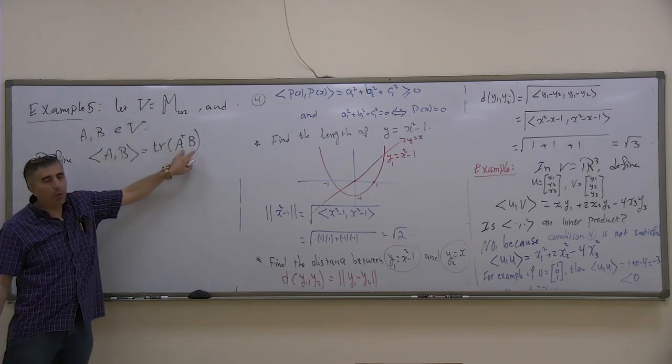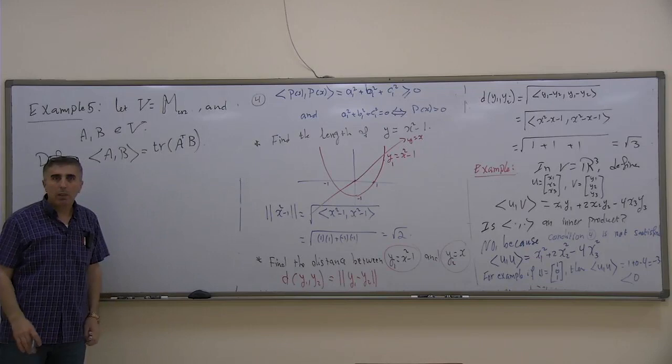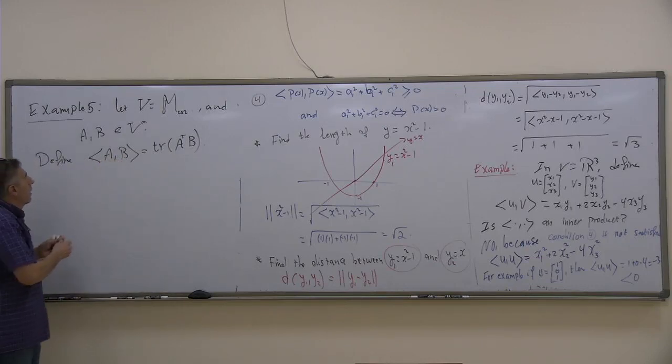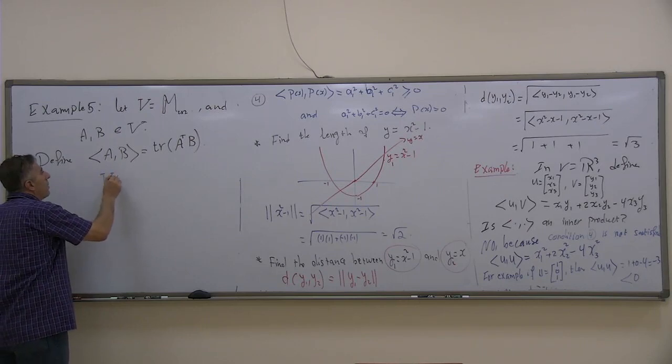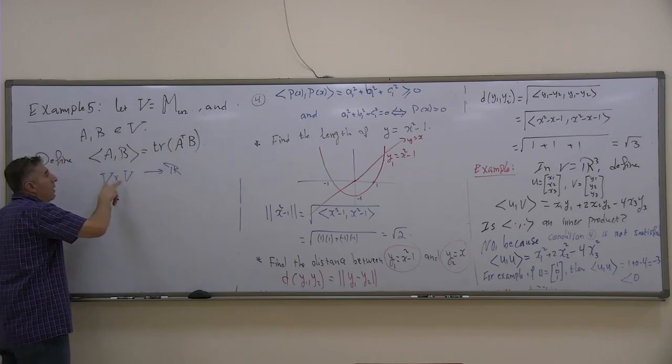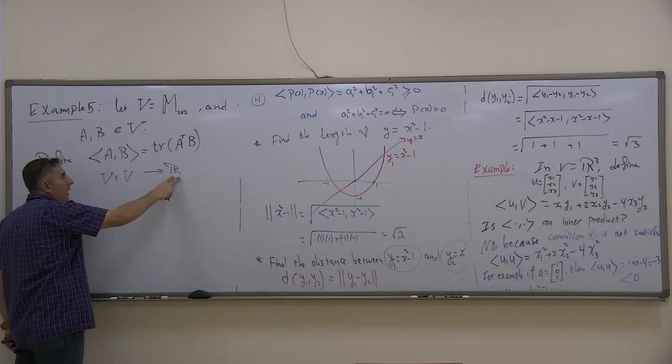The trace of the product here, that is going to be a real number. So I'm defining here a function. So what is this? This is a function from V cross V into the real numbers, because the input is coming from here and the output is going to be here.